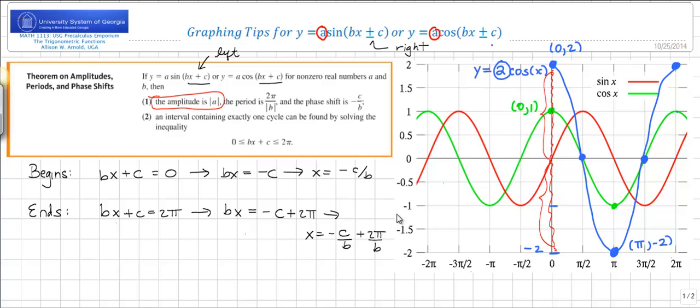So if I look at the distance between negative c over b and negative c over b plus 2 pi over b, then the period is where you end minus where you begin, and that cleans up to the formula listed in the theorem.